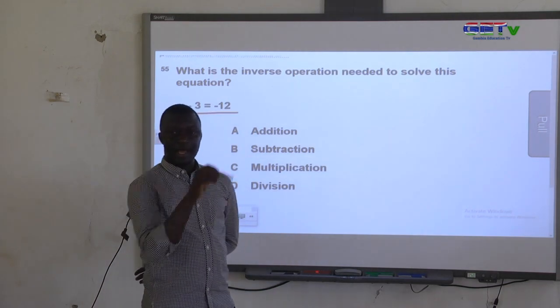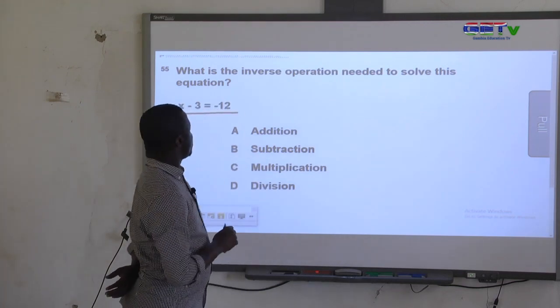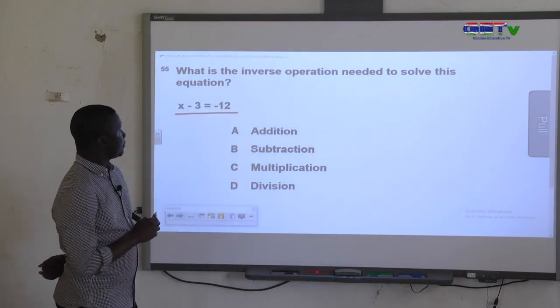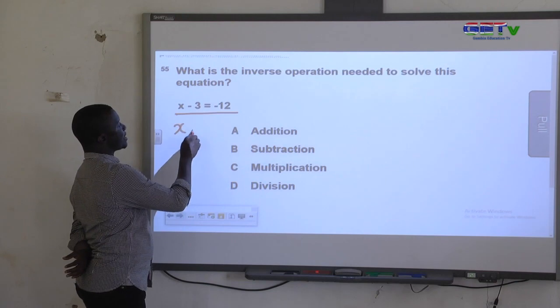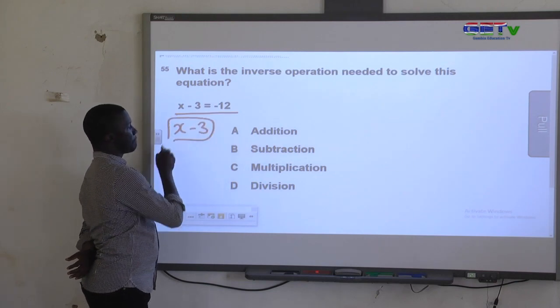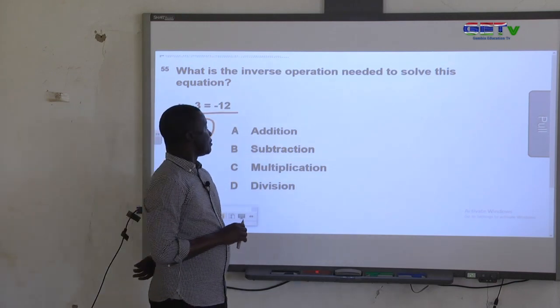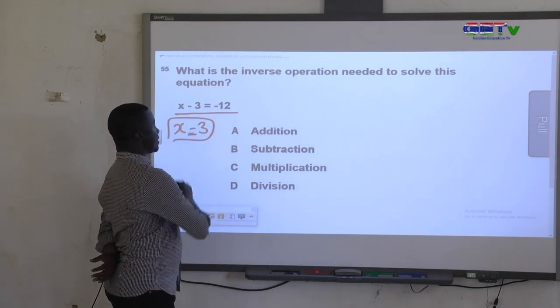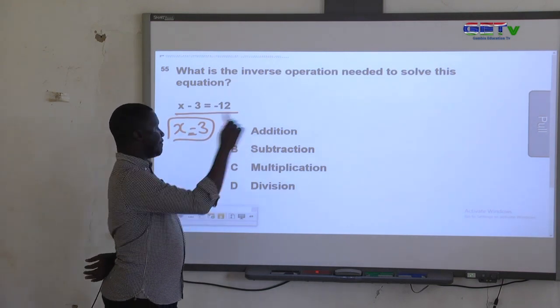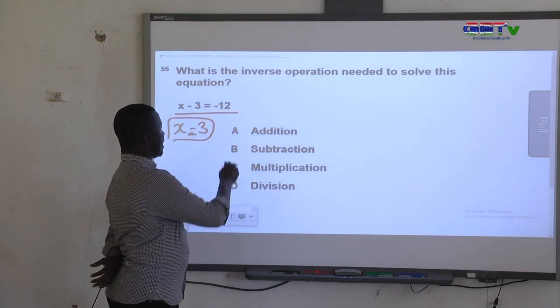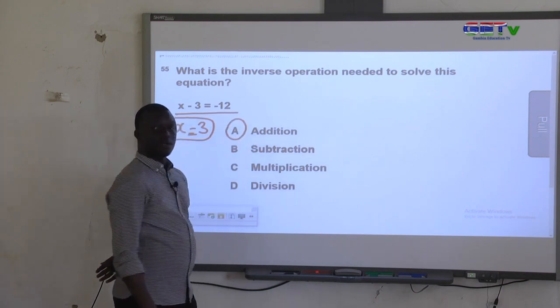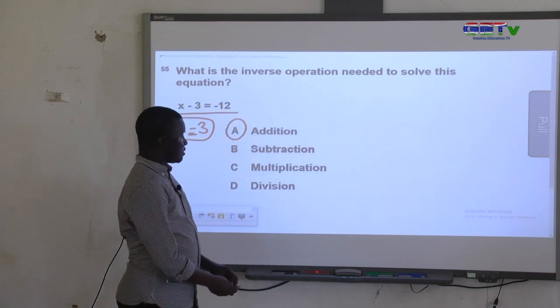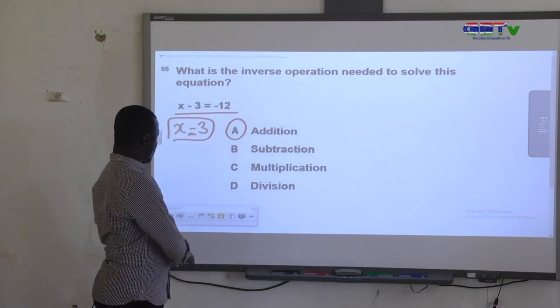Then we use their inverse to isolate our variable. We can see we have x minus 3. So a subtraction is involved here, and the inverse of subtraction is addition. So addition is the correct answer here.